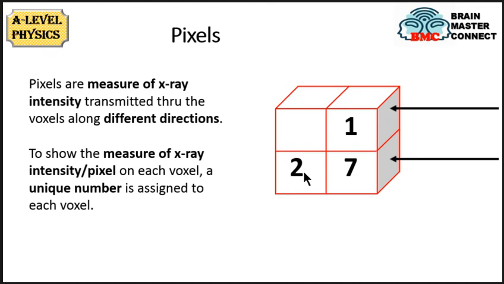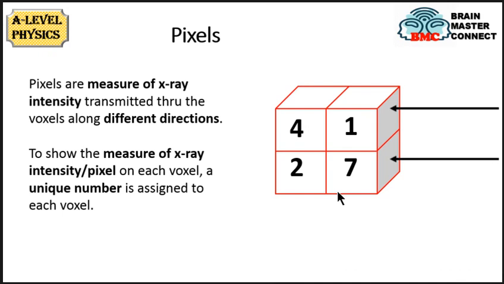Then this one 2 candela. Then here I have 4 candela, which is the unit of intensity. So these values you are seeing here simply represent the measure of X-ray intensity or pixel on each Voxel.